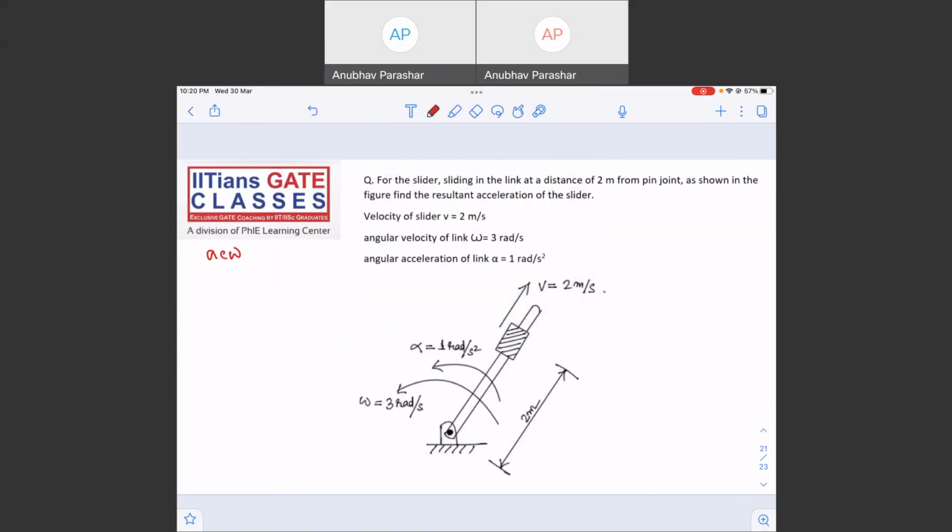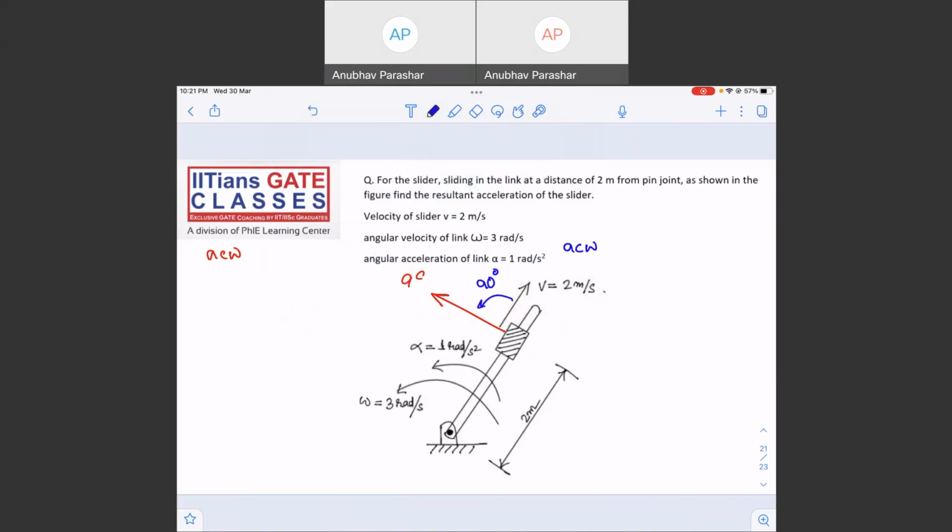So what I'm going to do, I'm going to rotate the velocity vector of the slider, this is the velocity vector of the slider, by 90 degrees anti-clockwise. So this will be the direction of Coriolis acceleration. I've rotated the velocity vector by 90 degrees anti-clockwise.